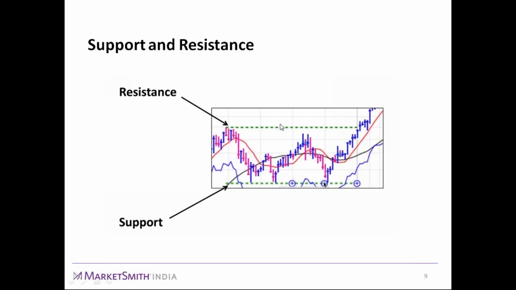Resistance is nothing but a level where the stock is finding more supply. Whenever the stock is hitting this level or almost close to this level, there's a lot of supply, and it is selling off and the price is falling back down.